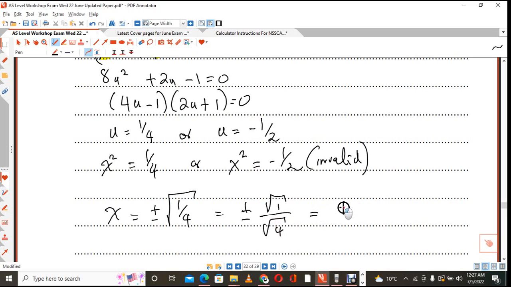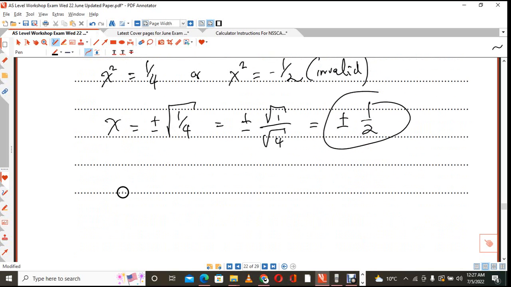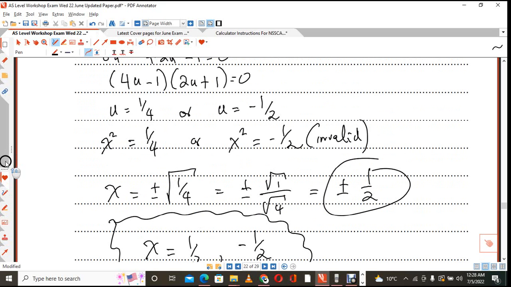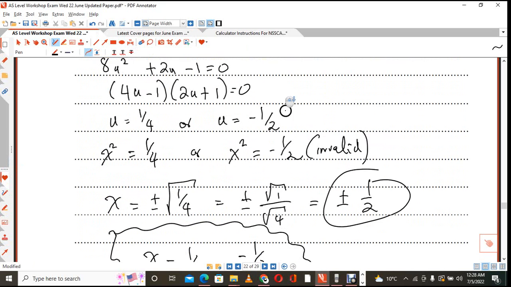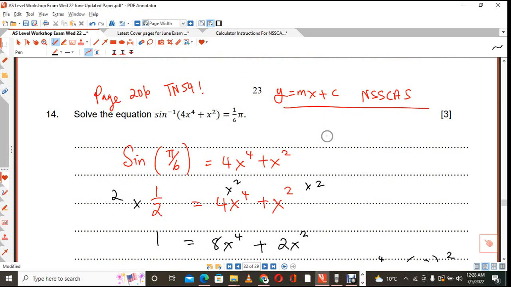Therefore, the answer will be positive or negative 1/2, and those are the solutions. Now you can write it nicely and say x equals 1/2, negative 1/2. That is the solution to your equation. Step by step, at the end of the day, it's just a hidden quadratic. Remember you have your formulas if you forget how to solve quadratic equations.